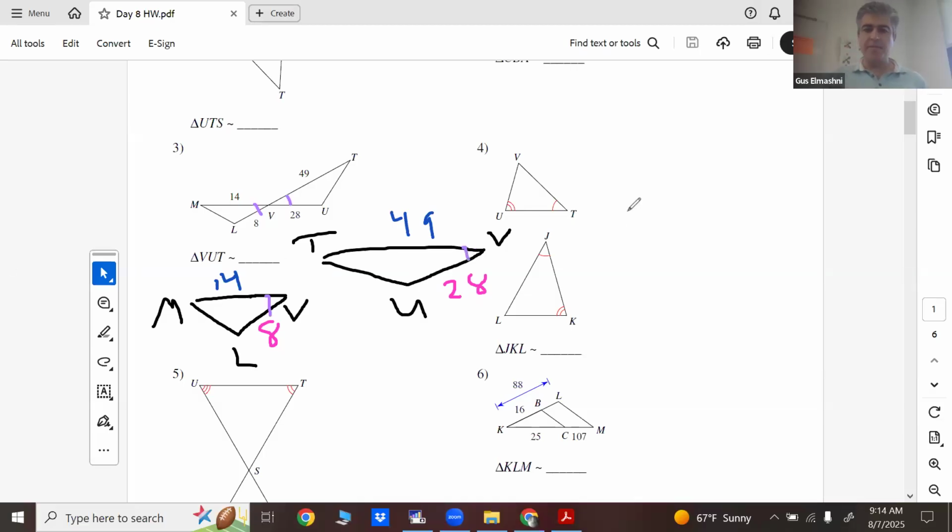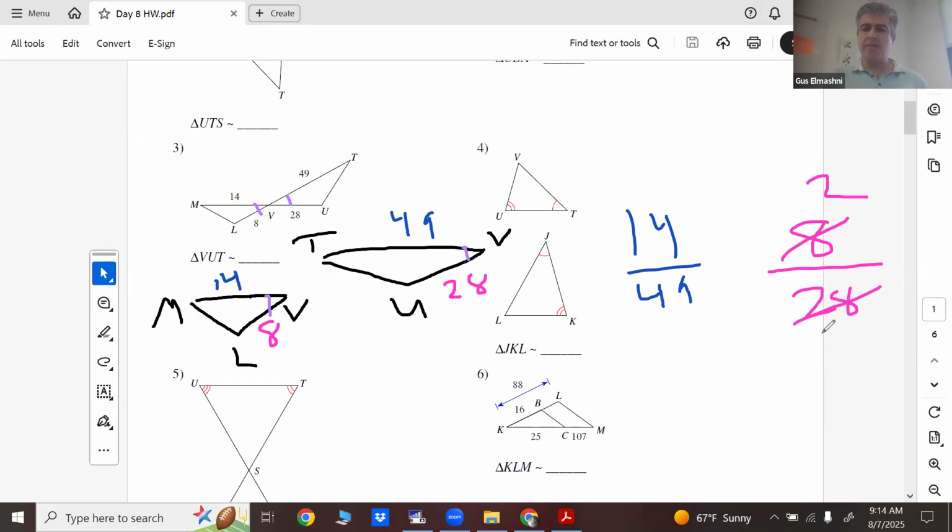Now let's look at the sides. 14 out of 49. And the ones in pink, 8 out of 28. How do these reduce? That's 2 out of 7, right? Same thing here, 2 out of 7. So the sides are proportional and the angles between them are the same.